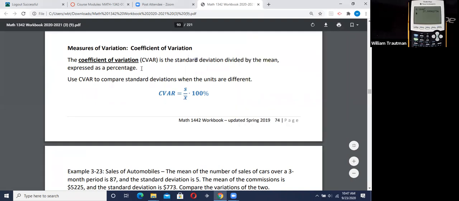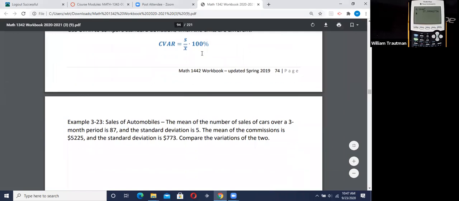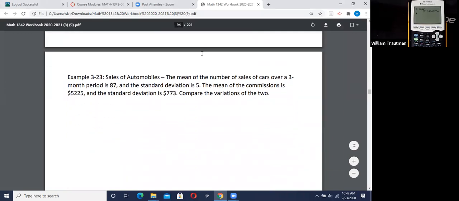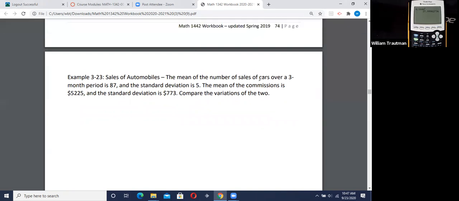Okay, so coefficient of variation is a way to compare standard deviations to see if they're different from one another. In this problem, it says the mean number of car sales in a 3-month period is 87. The mean, that's the average.